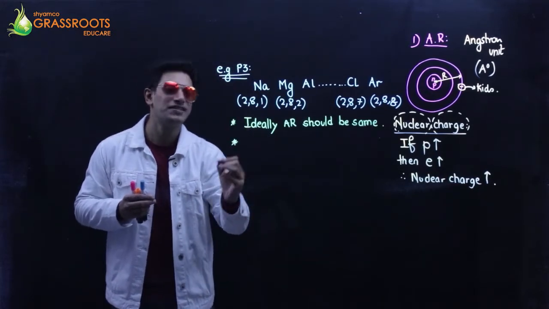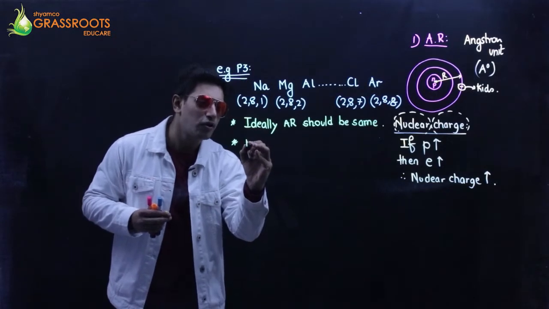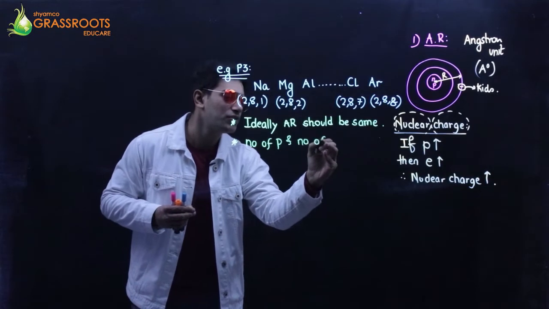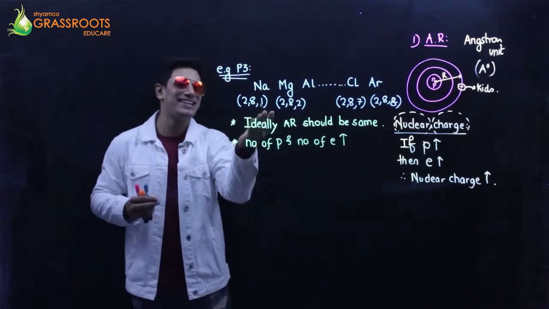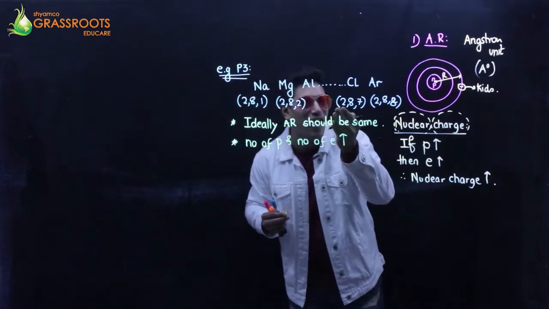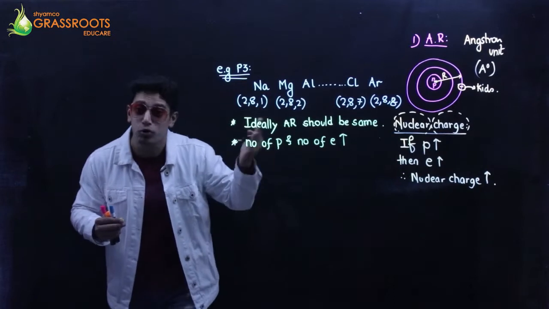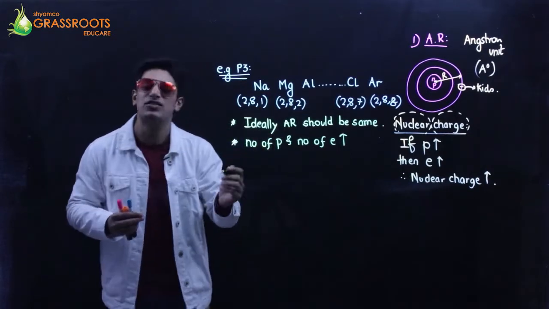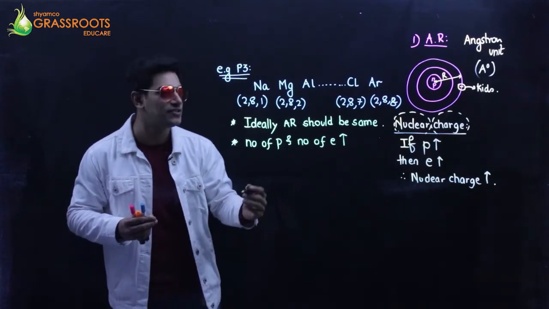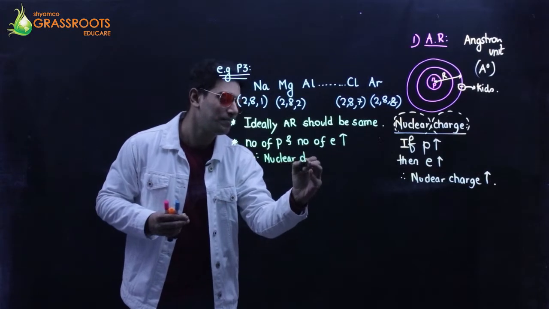First pointer. Second pointer. I say that the number of protons and the number of electrons increase. Come on, it's increasing. Can't I see? 1, 2, 3, 4, 5, 6, 7, 8. The number of electrons is increasing, so the number of protons is also increasing. So can I say the nuclear charge also increases? Nuclear charge has increased.